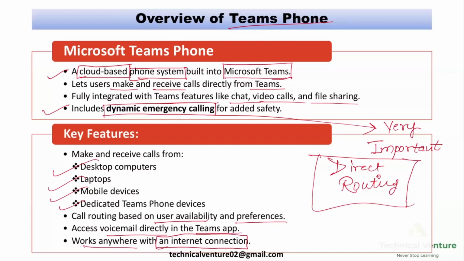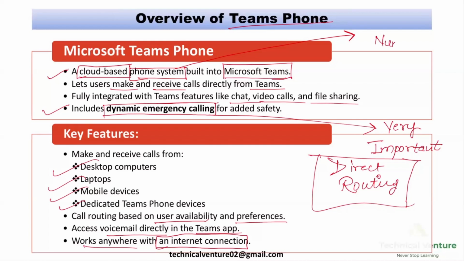At the start, I discussed this phone system: you can go to the search bar, enter the name, and make a call. That is your internal call. What if you want to make an external call? Let's say you want to call your cell phone number or a number in any other organization. For that, you need a number.